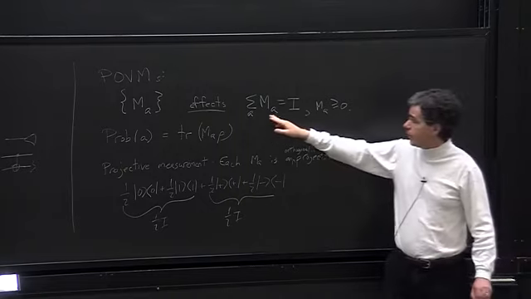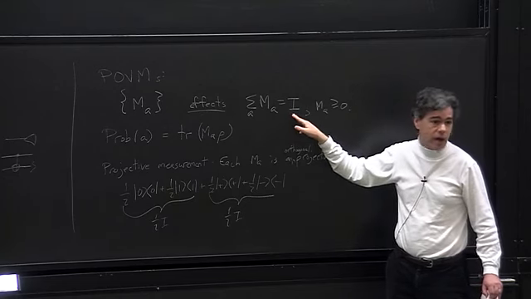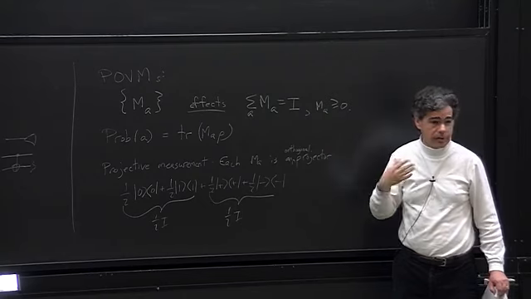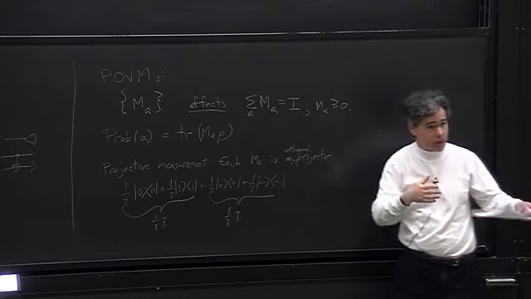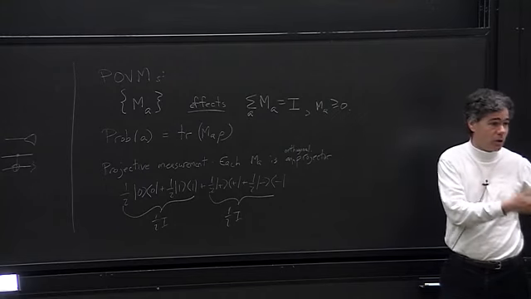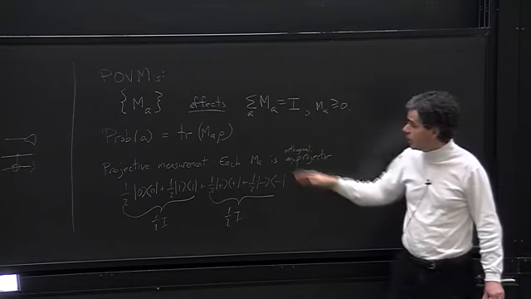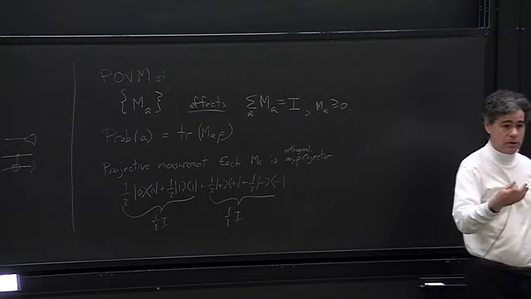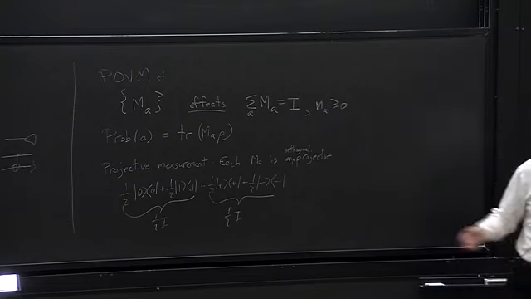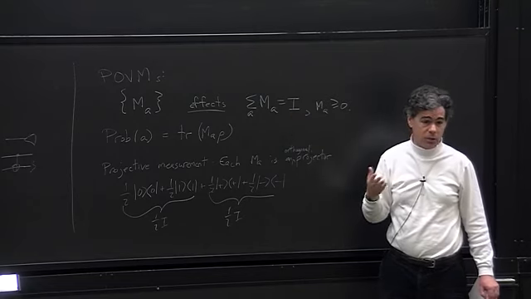And of course, if they sum up to something that's not less than 1, then that's not going to work. But if you scale them down by a constant, then eventually, for some small enough constant, it'll always be less than 1. And then you can throw in what's left in order to make this add up to 1, and that'll be a POVM.